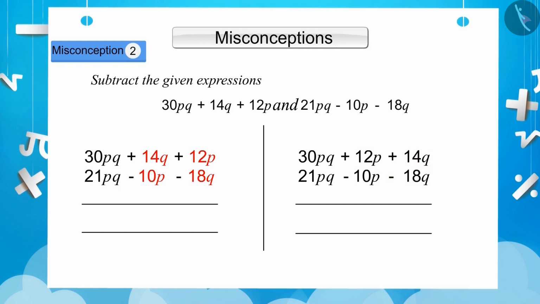It is to be noted here that the signs of the expression below become opposite. 21pq will become -21pq, -10p will become +10p, -18q will become +18q. Hence, on solving these terms, we will get 9pq + 22p + 32q.